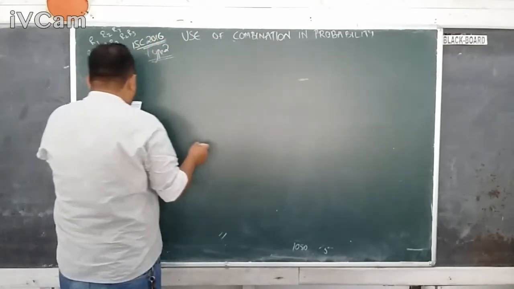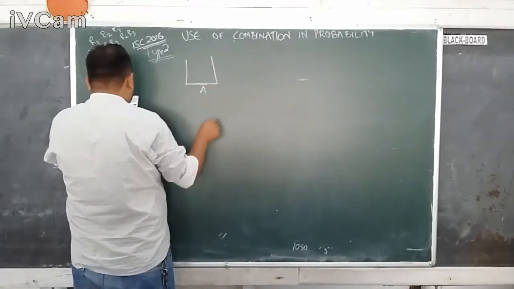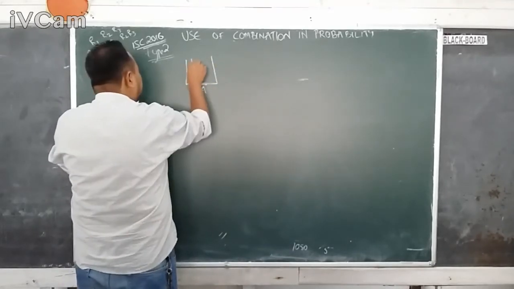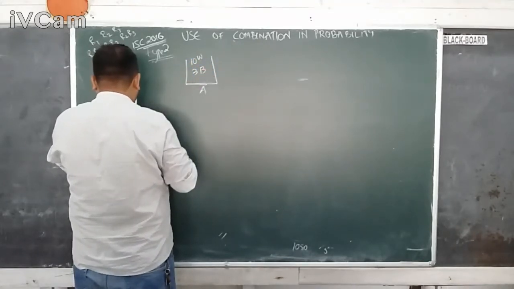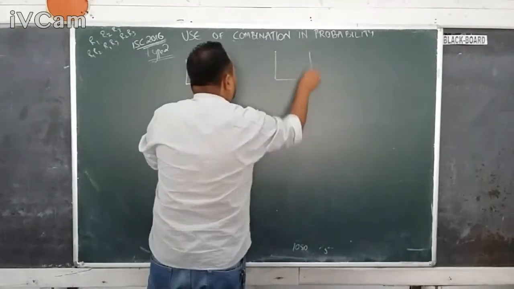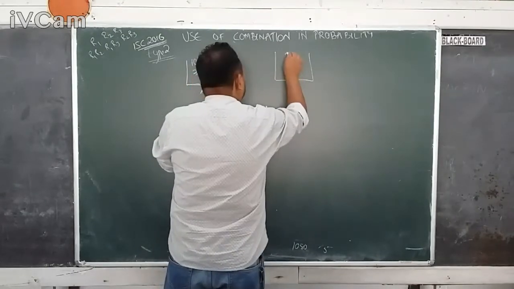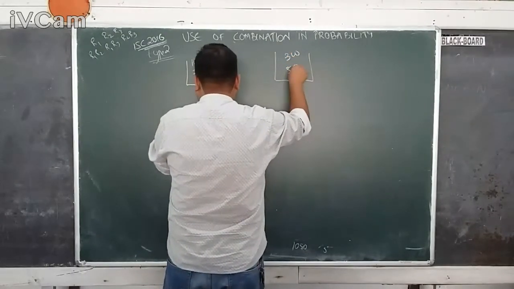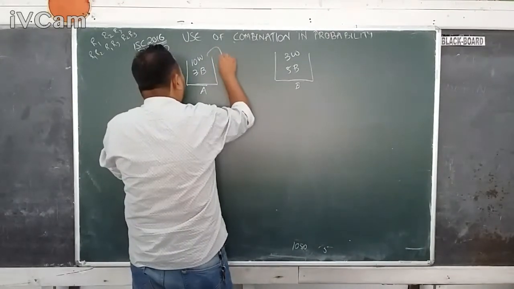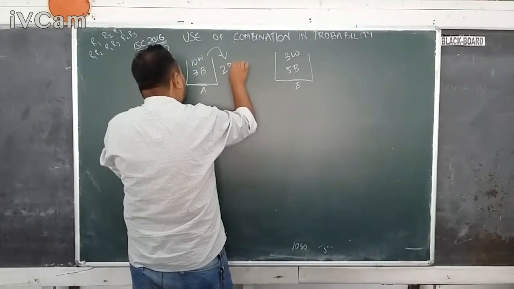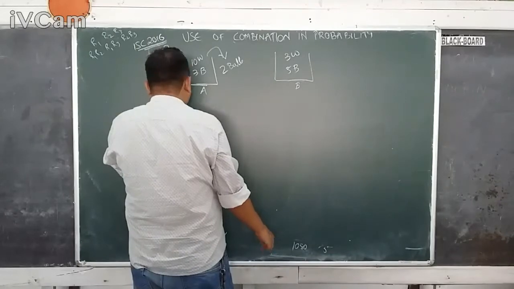Now see, an urn, means a bag, let it be A, contains 10 white and 3 black balls, while another urn contains 3 white and 5 black. 2 balls are drawn from the first urn and put into the second.